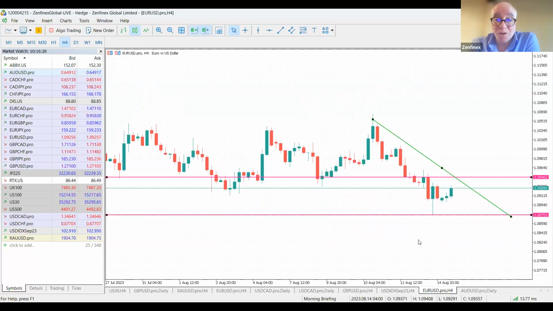I hope that's useful in terms of understanding that when you're trading multiple currencies, you don't make the mistake of going long against the dollar, short against the dollar, and thinking that you're taking a direction on your strategy.